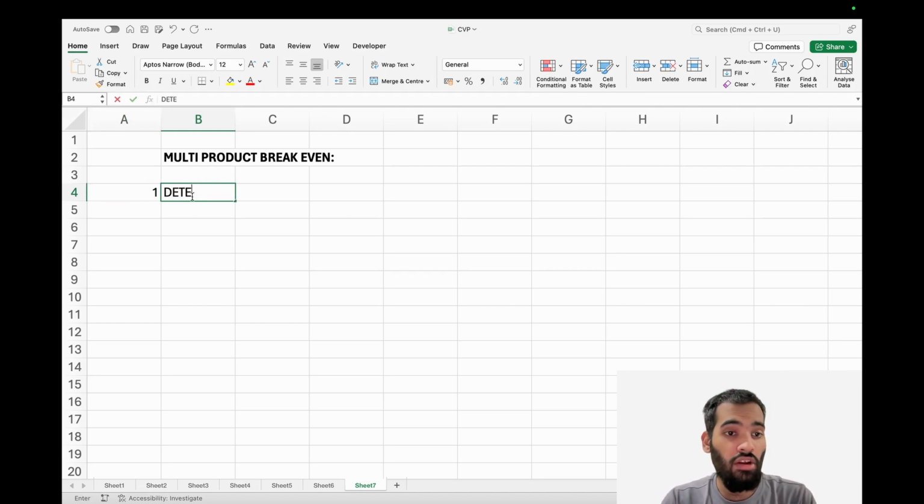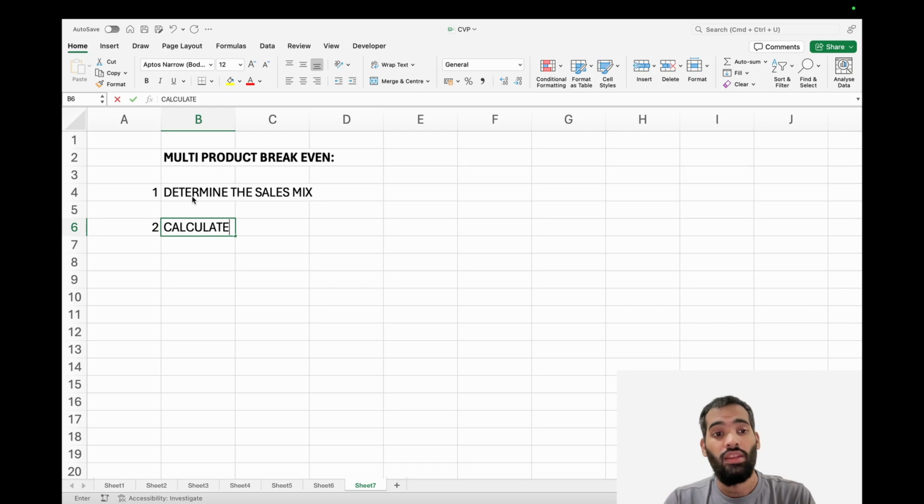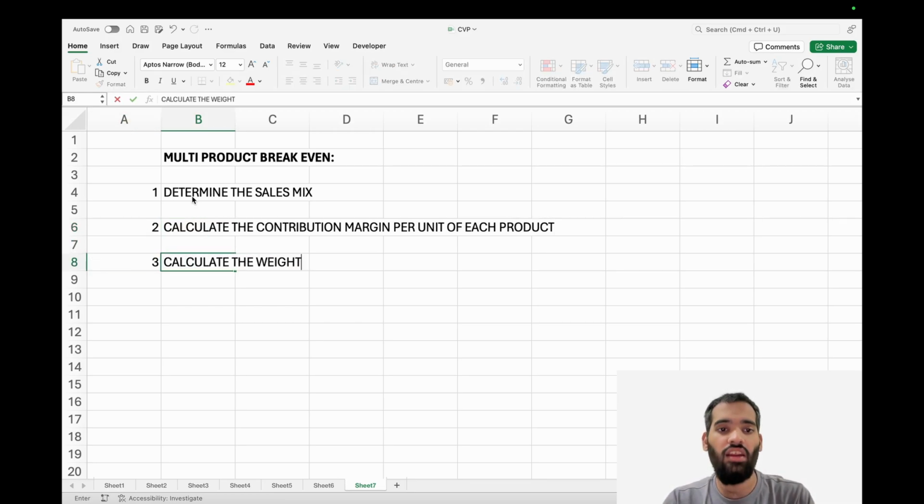Step 1 is determine the sales mix. I will explain what everything is, by the way. Don't worry about that. Step 2, calculate the contribution margin per unit of each product. Step 3, calculate the weighted average contribution margin per unit.